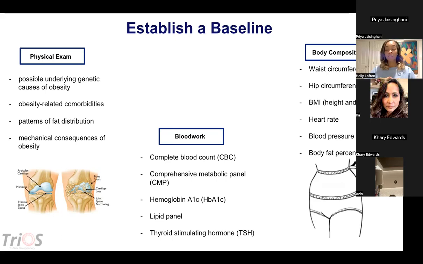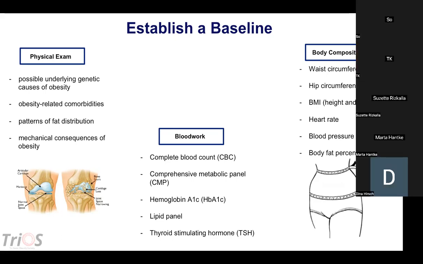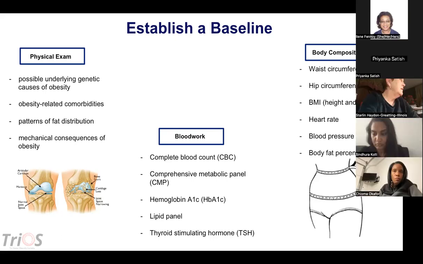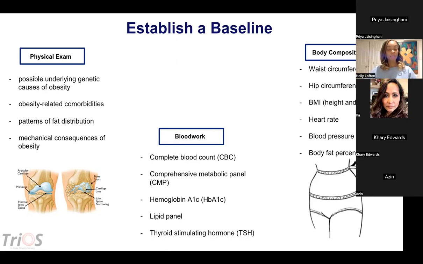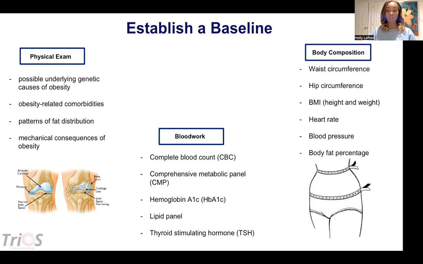If there are any potential signs of cortisol overproduction, such as purple vertical striae on the abdomen, that can warrant more workup in an endocrinologic fashion, looking at cortisol, et cetera. It's not uncommon that we find acanthosis nigricans in our patients with insulin resistance. So we want to get a good physical exam, not only at baseline, but at follow-up.